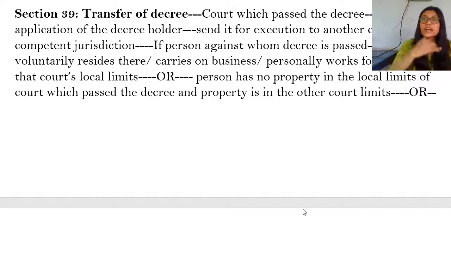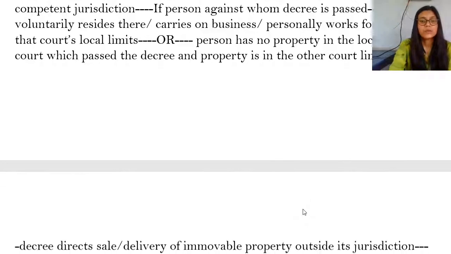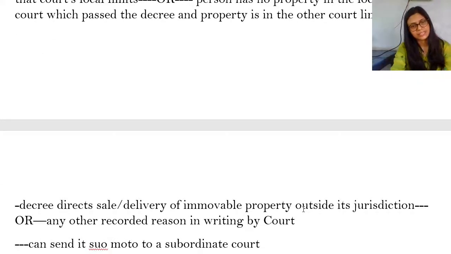Or the person against whom this decree was passed has no such property in the local limits of the court which has passed the decree, and any such property that the person has is in the limits of the other court to which I am asking you to transfer. Or the decree itself is directing sale or delivery of immovable property which is lying outside its jurisdiction, or there can be any other reason which the court has recorded in writing.